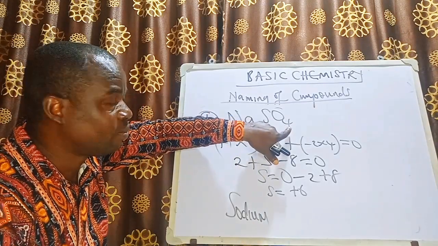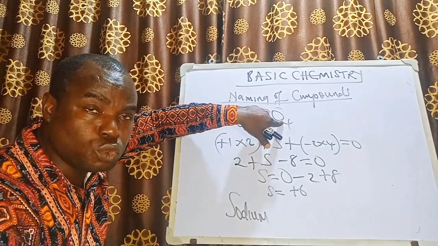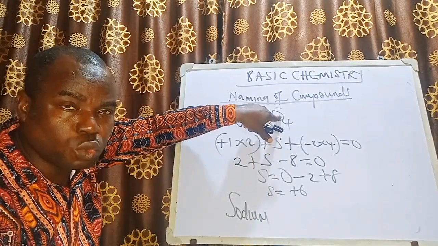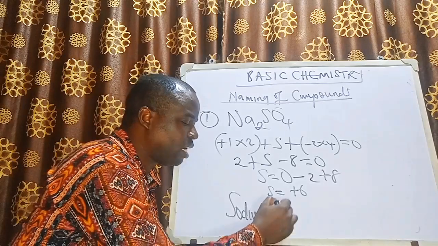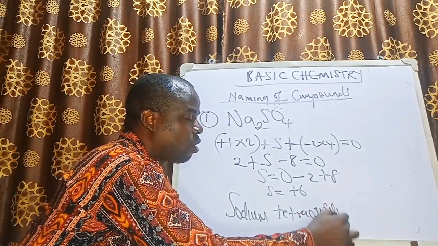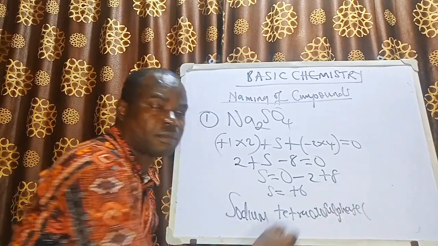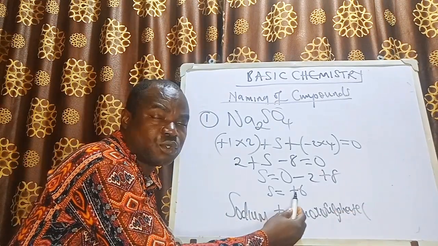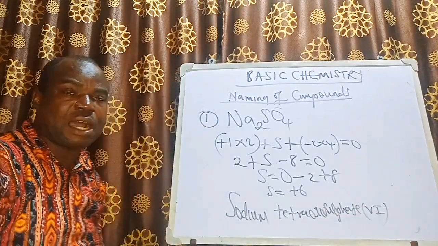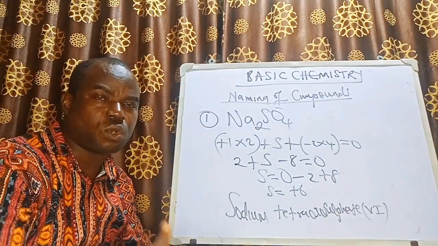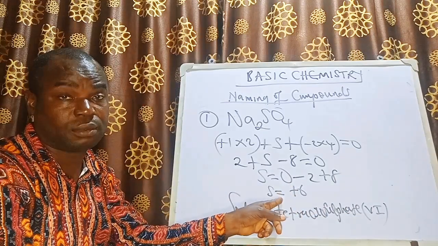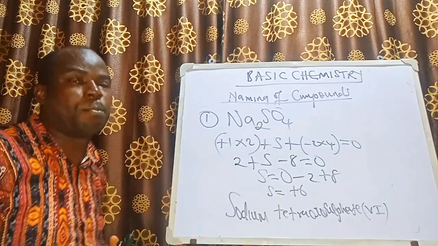This is tetraoxosulfate. Now, this 6 you got here for the sulfur, put it here. So it is now tetraoxosulfate(VI). So the 6 you are going to put here, you have to solve for it. That is how to name a compound.